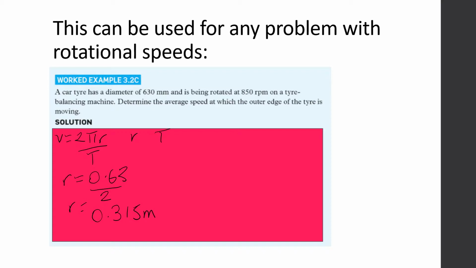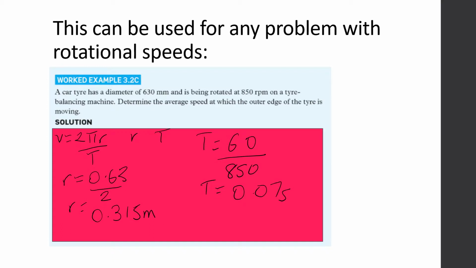Next we'll calculate t, which is equal to time, which is going to be 60 seconds because we've got revs per minute, divided by the number of revolutions, which is 850. So t is going to be 0.07 seconds. So a pretty quick revolution made there.